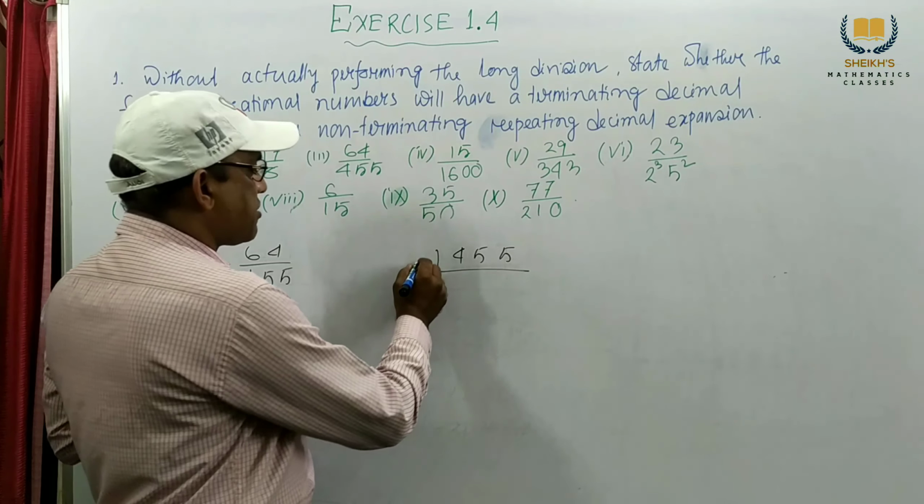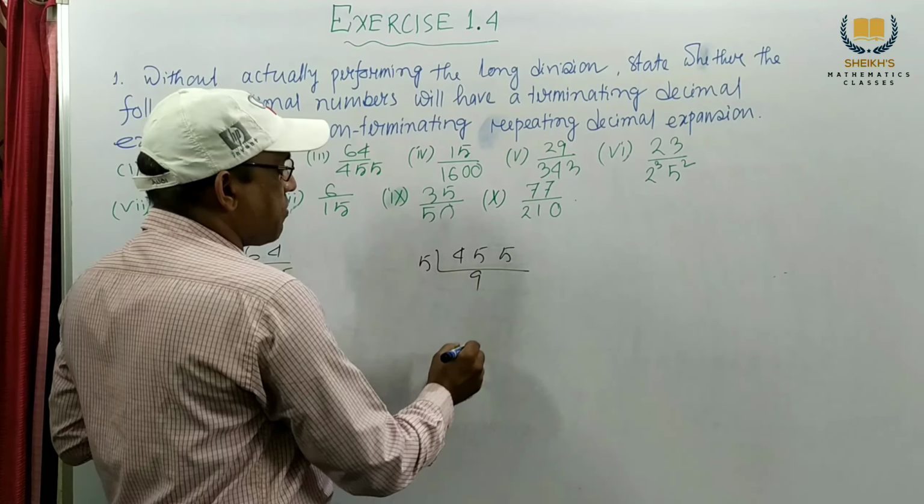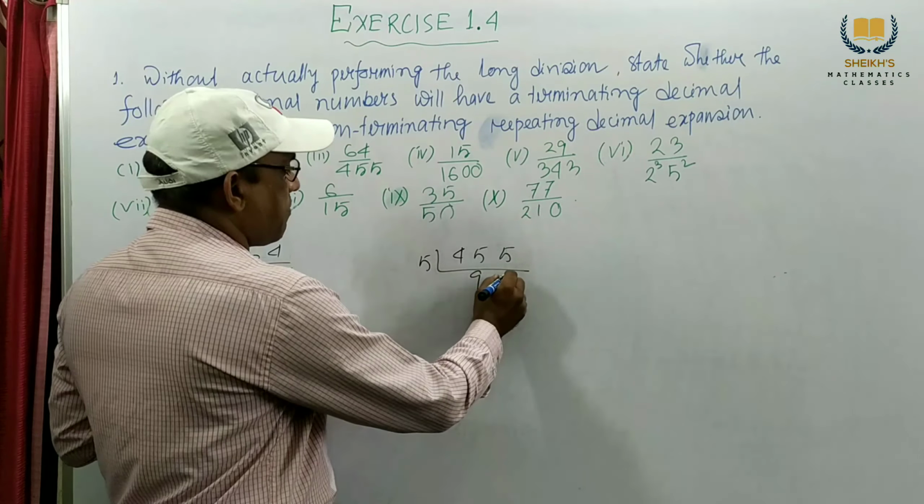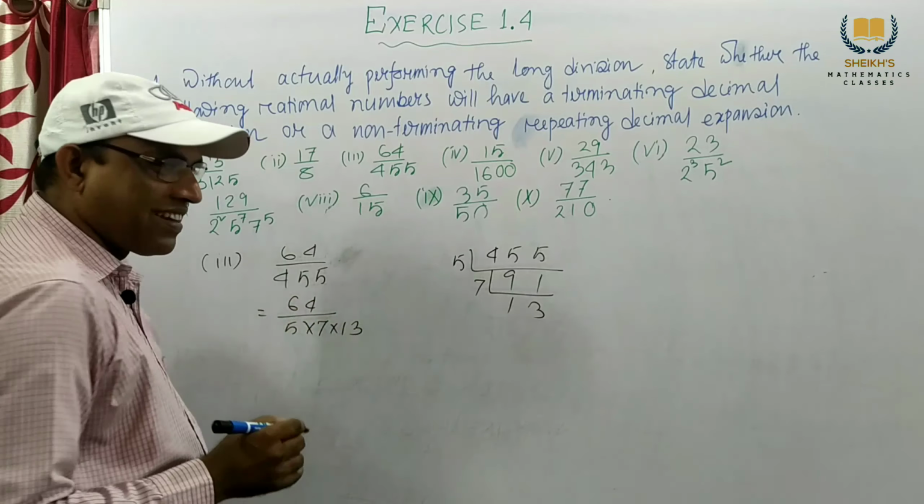Then it divides by 5: 5 nines are 45, 5 ones are 5. Next 7: 7 ones are 7, 7 thirteens. Therefore we get 64 by 5 into 7 into 13.